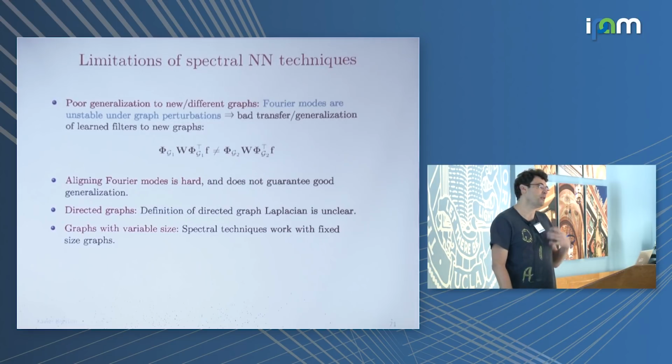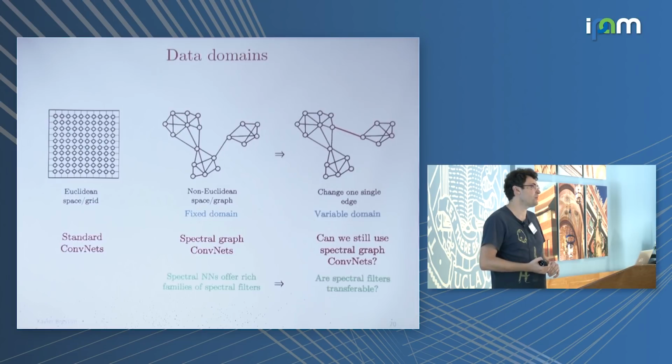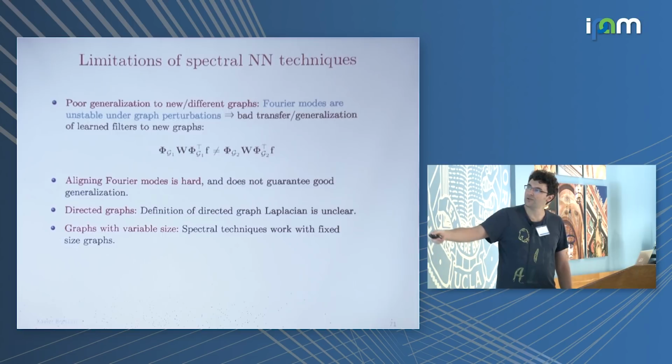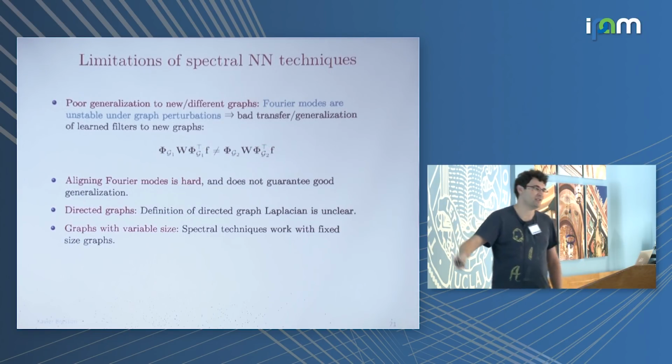The problem is that the Fourier modes are not robust to perturbation. If you change one edge, you change the topology of your graph, and you can get a very different topology. You can see that also with this equation. If you have two graphs, G1 and G2, and these are your Fourier modes, then this is one spectral filter learned from one graph, and this is one signal, and this is the same signal on the new graph. Usually you don't have equality.